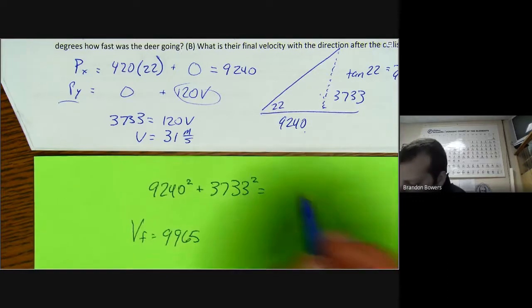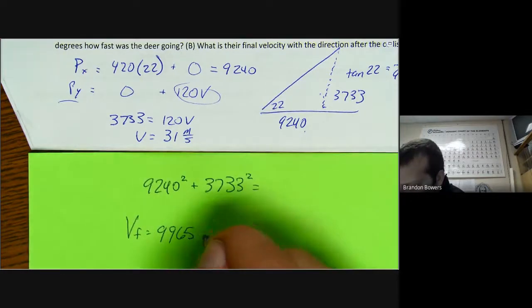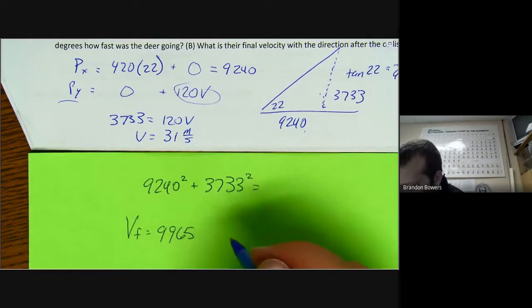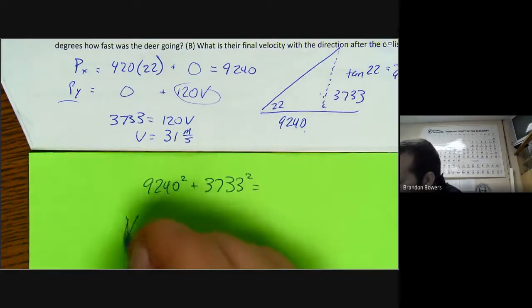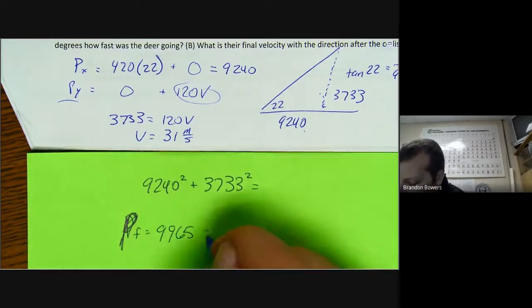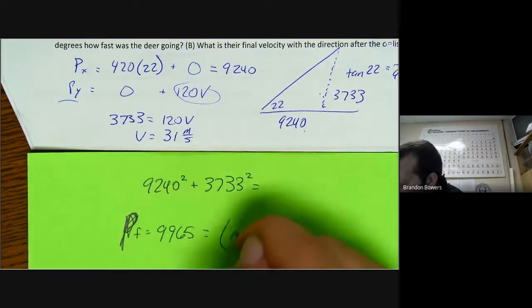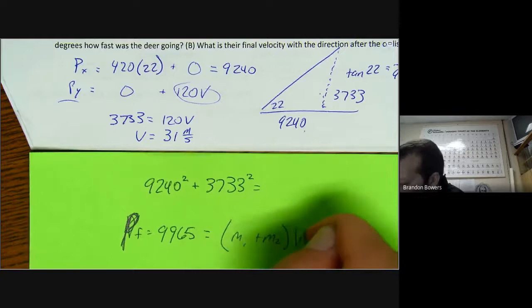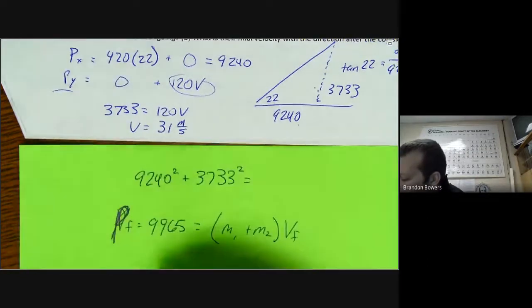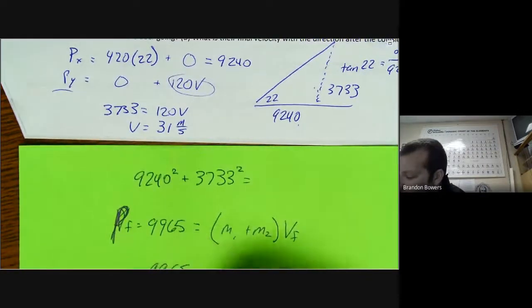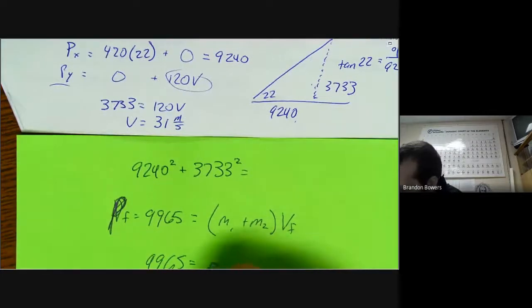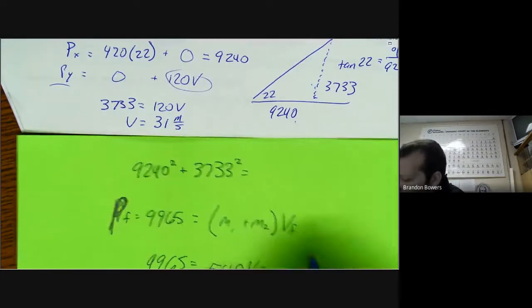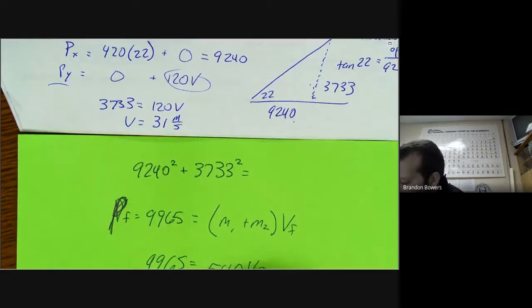Okay, so actually that's my momentum final. Oh my word, I'm so sorry. So my momentum final is equal to the mass of object 1 plus mass of object 2 times their velocity final. So 9965 is equal to the combined masses, 540, times VF, so VF is 18 point, well, 2 sig figs, 18 meters per second.